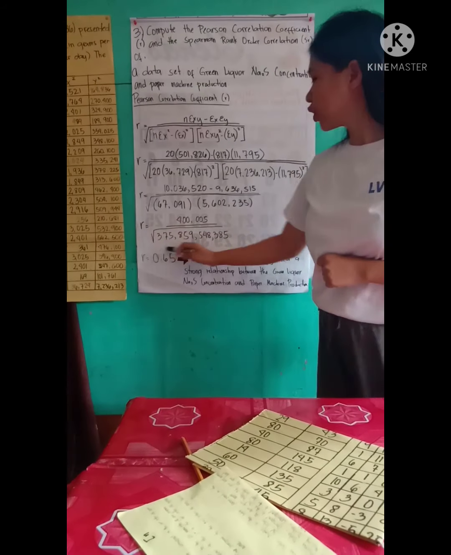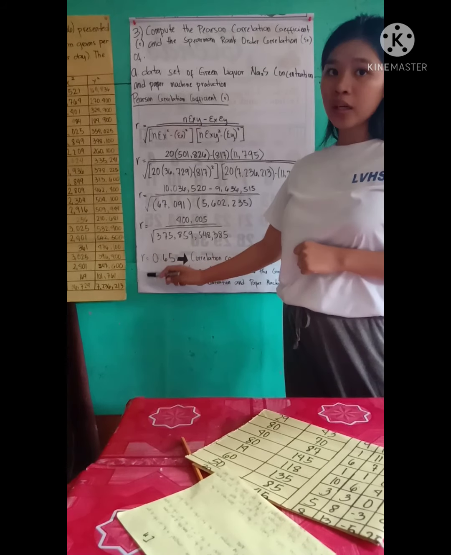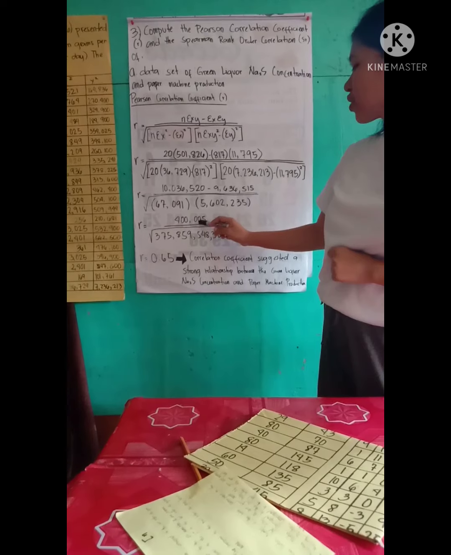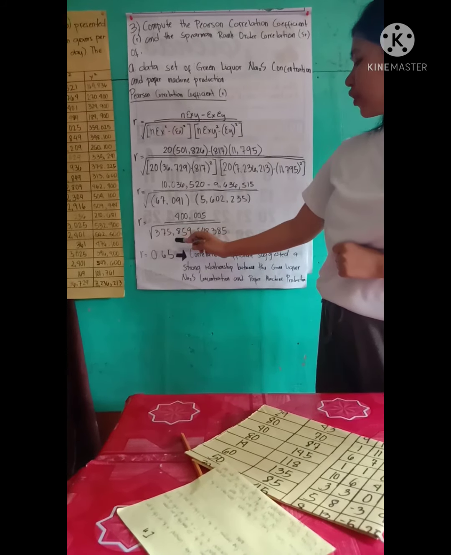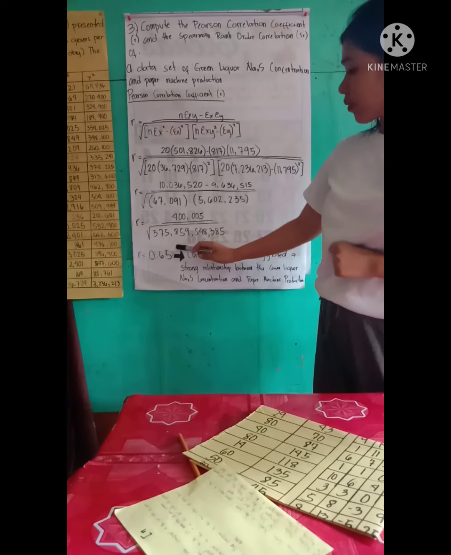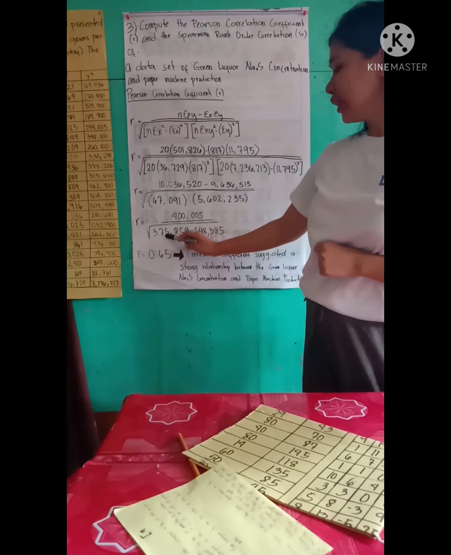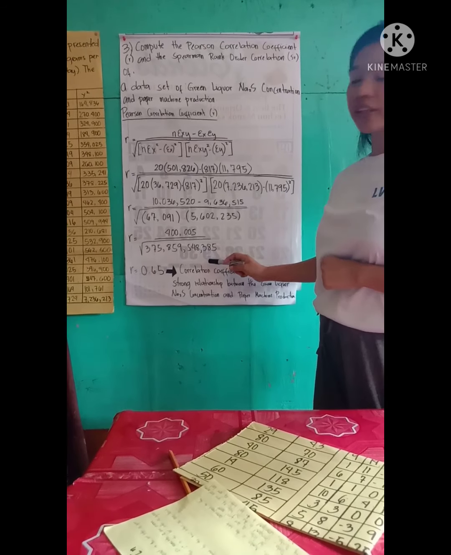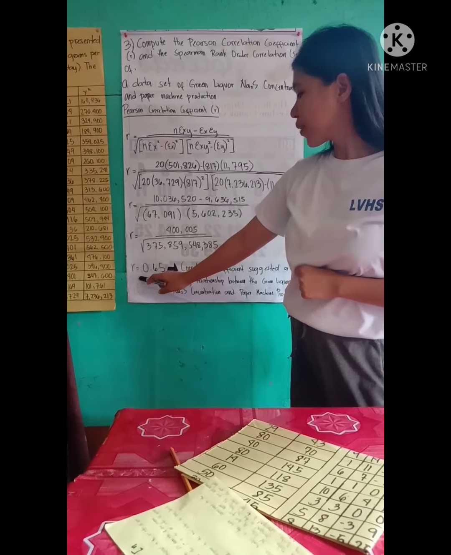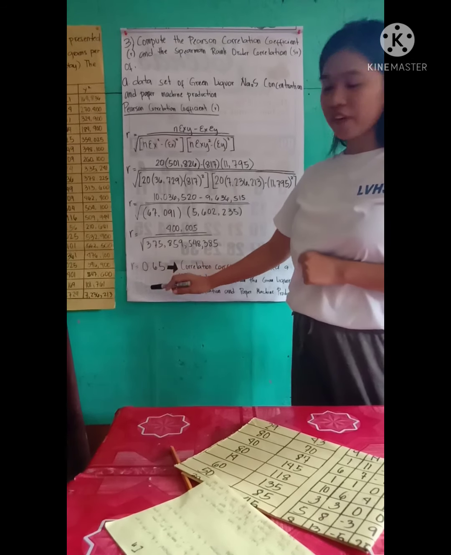We need to solve these two in order to get the R. So 400,005 divided by the square root of 375,859,548,385 is equal to 0.65.